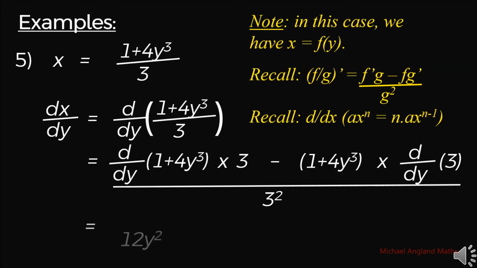So when we work that out, we end up with 12y squared times 3 over 3 squared, which means we have a factor of 3 in the denominator dividing the 12. So we end up with 4y squared.